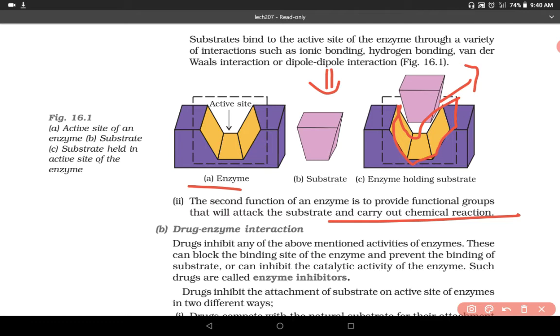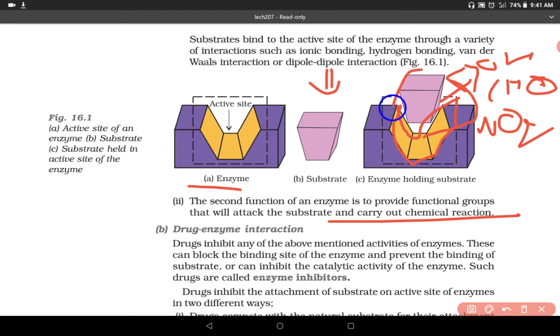It will provide some functional groups, that is OH, CHO, NO2, that will attack the substrate and carry out the chemical reaction, faster and giving more quantity in less time. Okay, you understood about this.